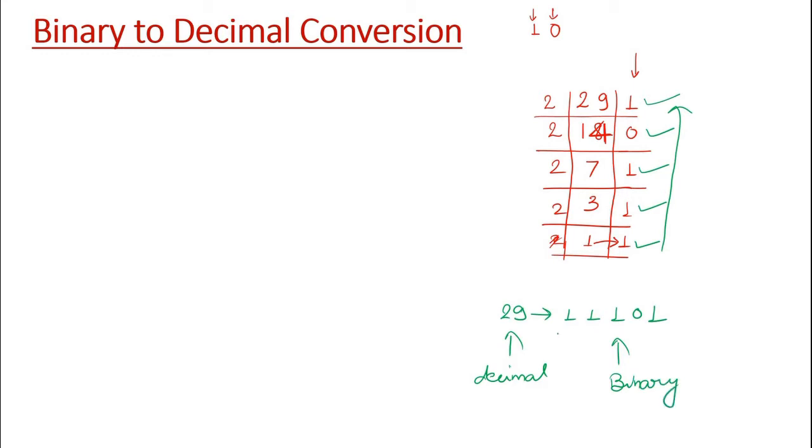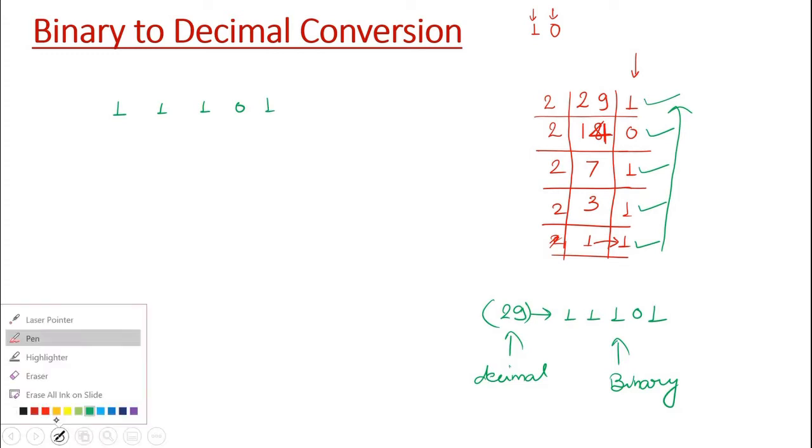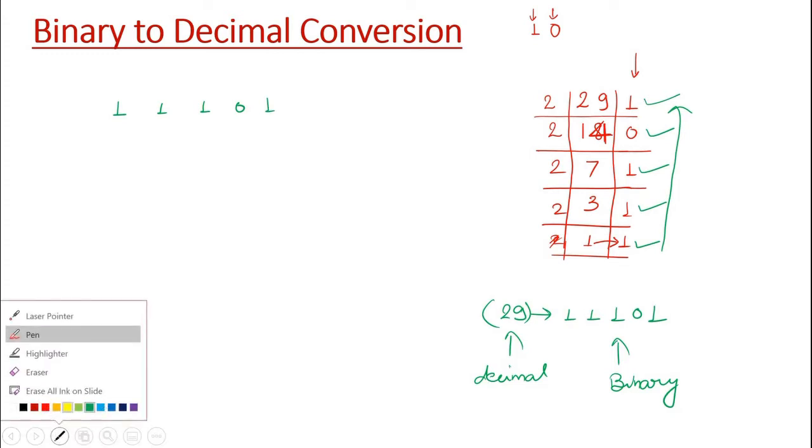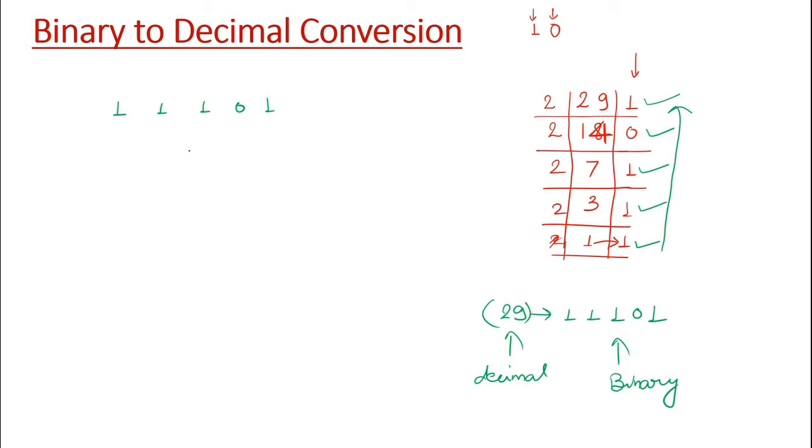Now we try to do the reverse. What are we going to do? We are going to do the reverse, meaning from binary to decimal conversion. So let me write this number, 1 1 1 0 1, right? So now let's try to calculate our decimal number.